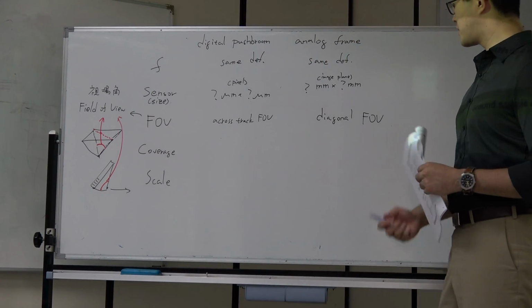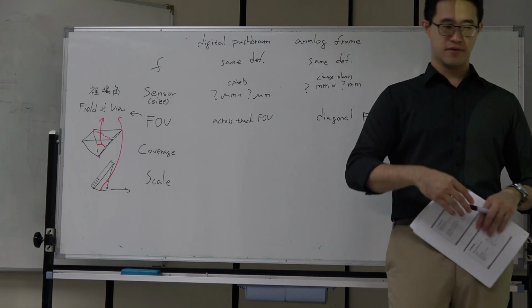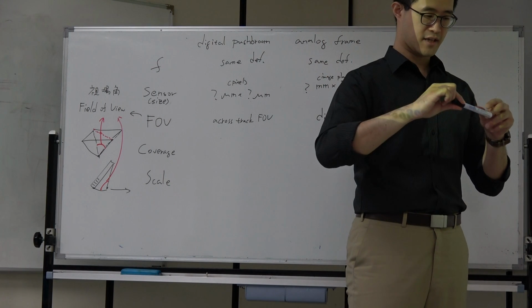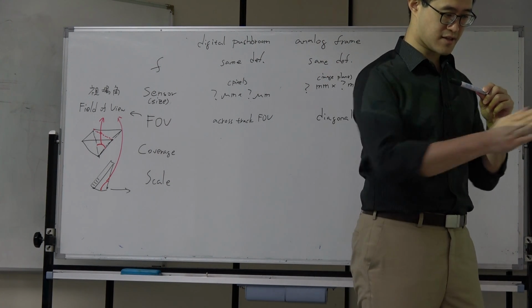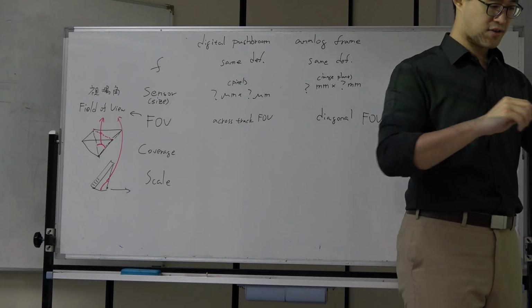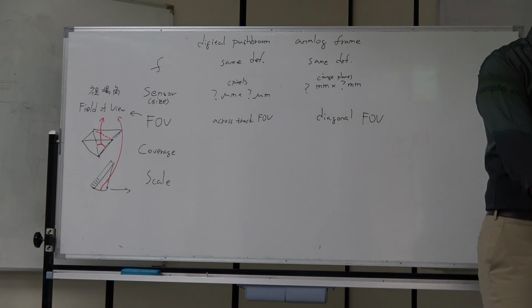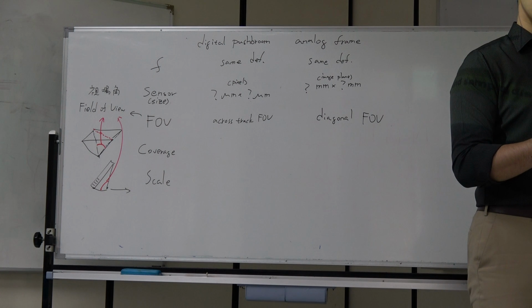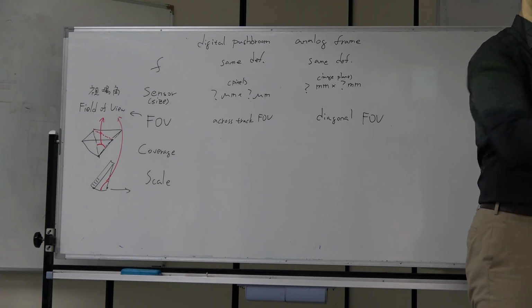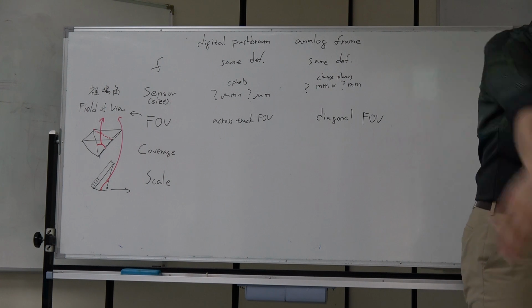Alright, so let me just describe it again. If you have a push-broom scanner, this is your flight direction, and this is your CCD array. So you are scanning through each line on the ground. So you have two terms: one is along track, and the other one is across track.